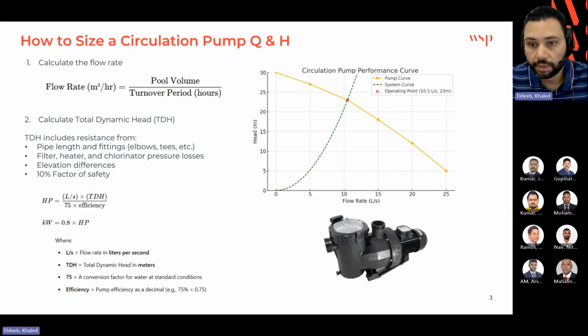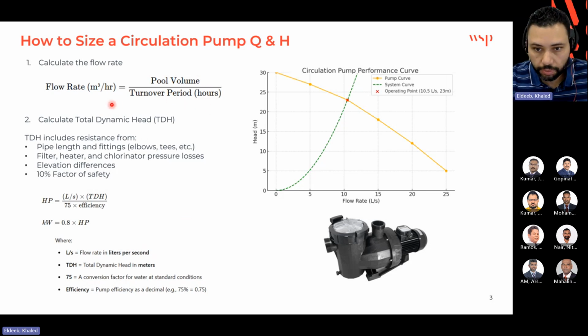And we learned also how to identify this duration from the code guidelines. So we know how to obtain the pump flow rate, which is calculated according to the volume of the pool and the turnover period.